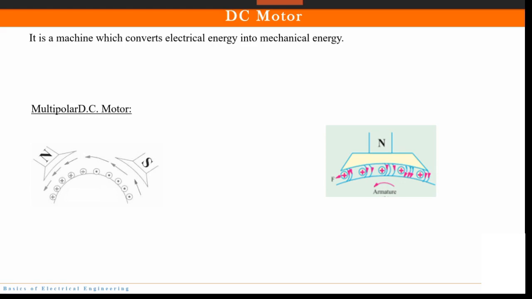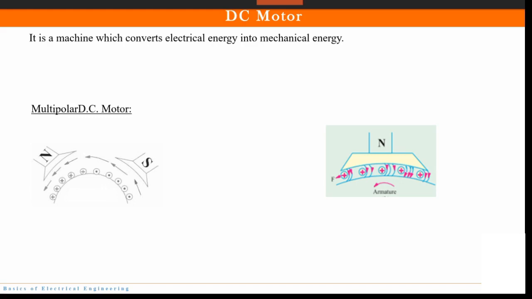Fine. It means that in half of the windings the current is flowing inside the screen, and in half of the windings the current is coming out of the screen. Fine. Okay. Now what happens? As I've already explained, there is a magnetic field because of the electromagnets, that is north and south pole. And when this current flows through the armature winding, it again starts inducing the magnetic field, right?